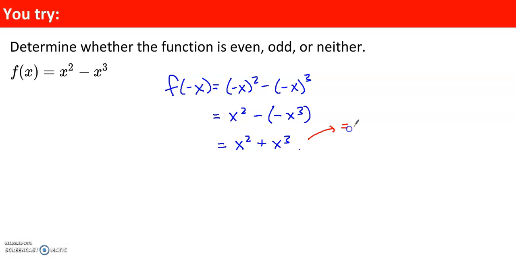So does that equal the original function itself exactly? Well, it's close, but no, right? We've got our x squareds, we've got our x cubes, but the sign between them is different. So that's a no, which means this is not an even function.